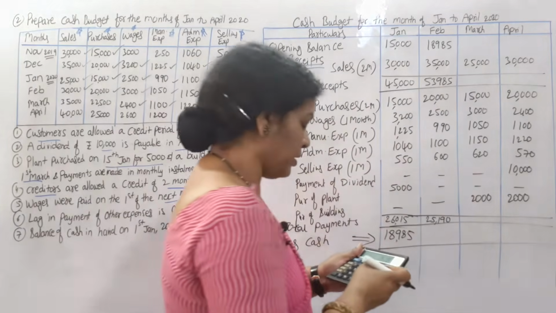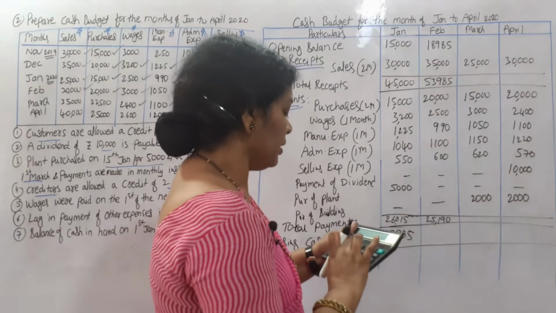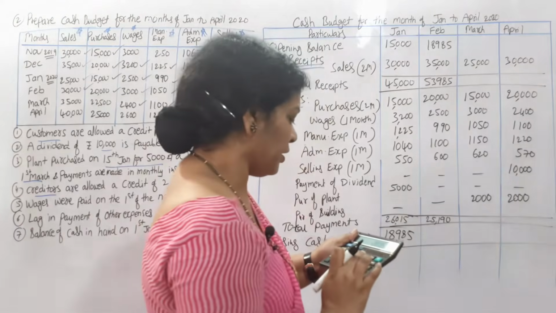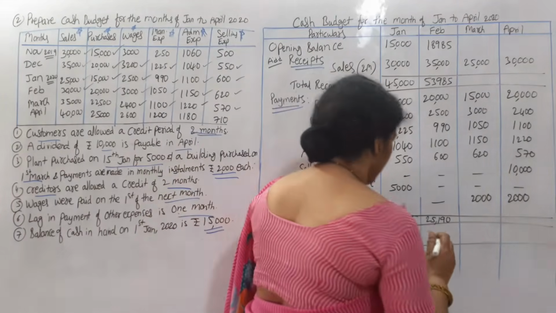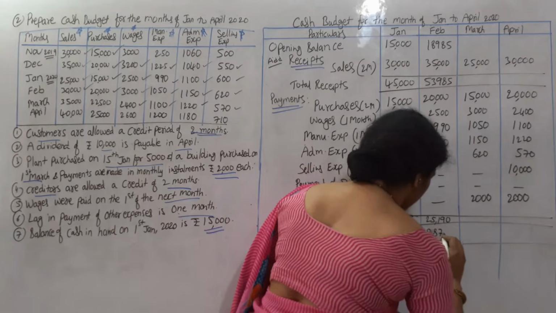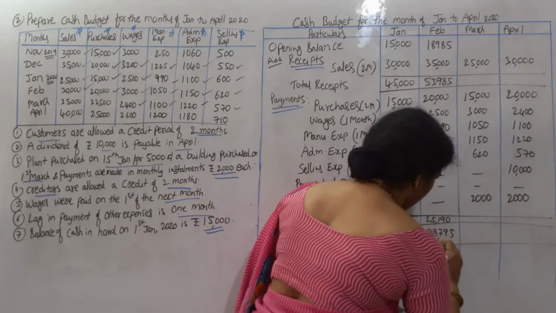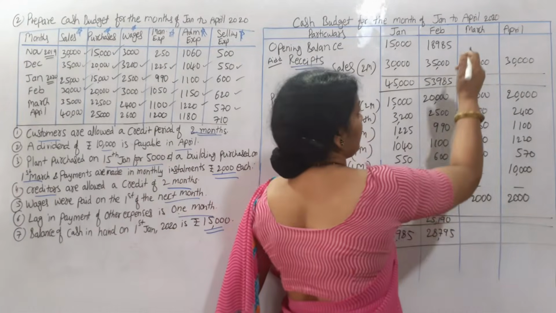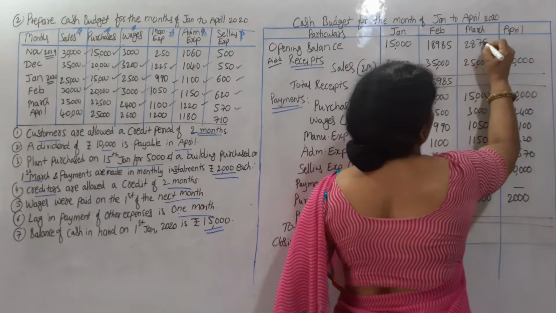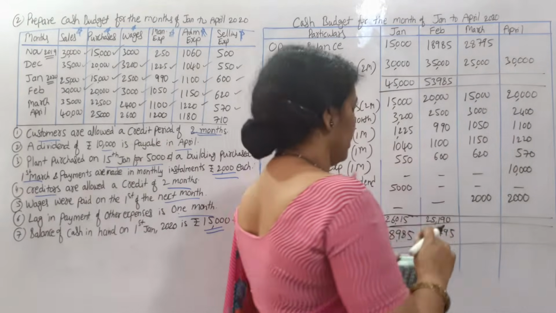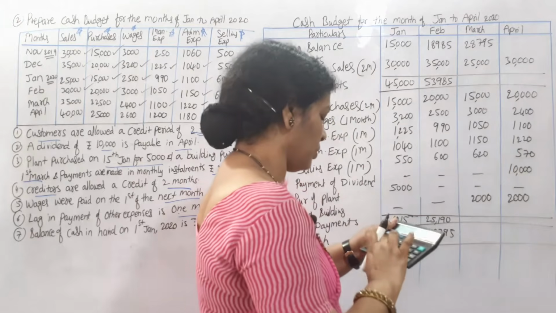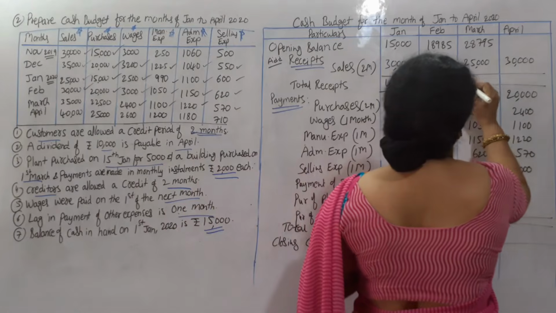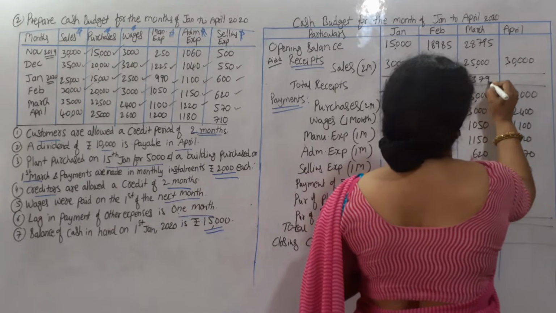So the difference between these two, 53,985 minus 25,190 comes to 28,795. So this will be the opening balance of the next month. So 28,795. If we add these two, 53,795. This total is 53,795.